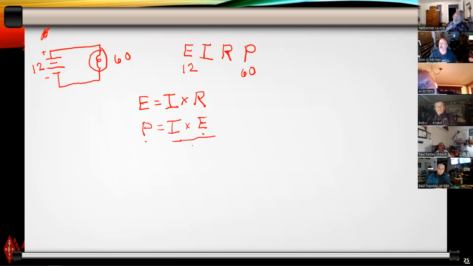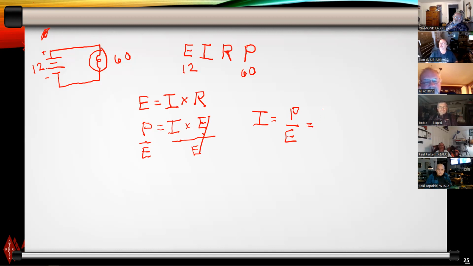You want to solve for I, you divide by E over here, you divide by E over here, okay? That cancels out. So I equals P divided by E equals what divided by what?